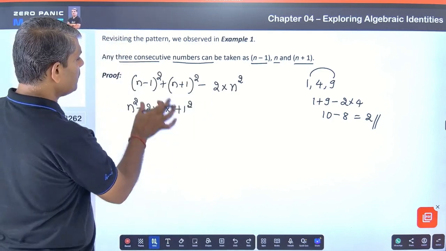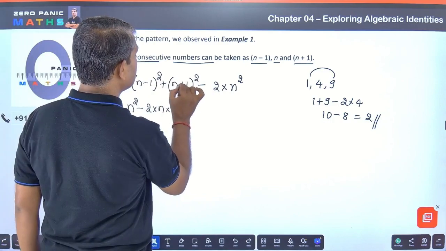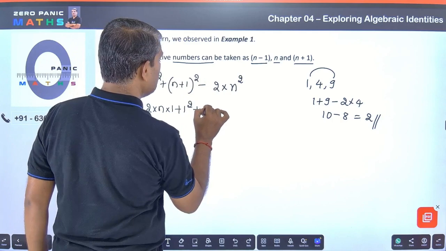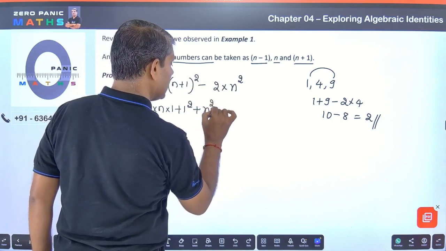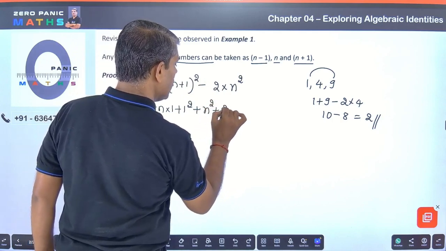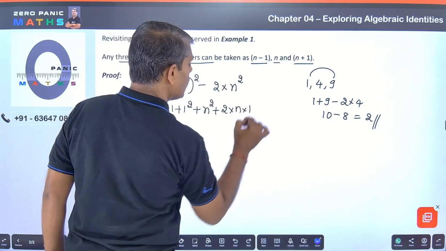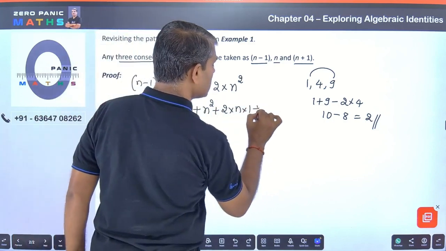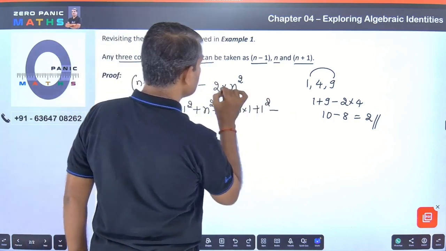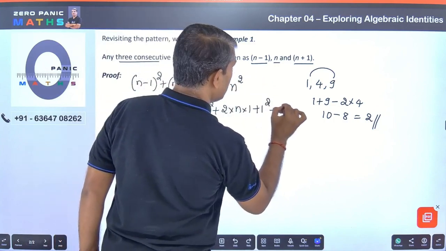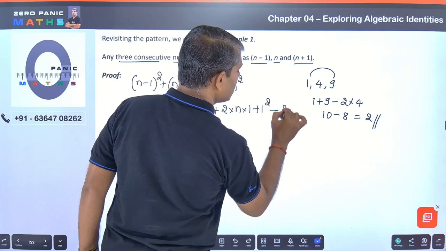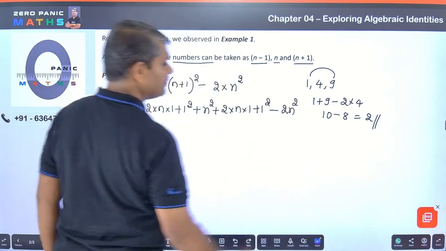Now let me expand (n plus 1) whole square as a square, which is again n square, plus 2ab, where a is n and b is 1, plus b square, which is again 1 square, minus 2 into n square, that is 2n square.